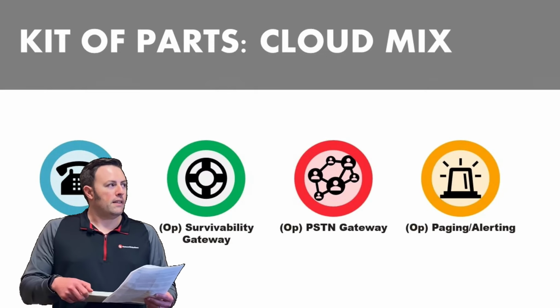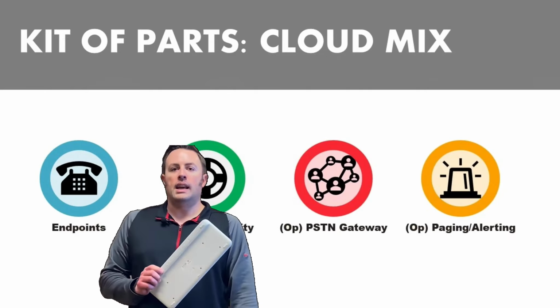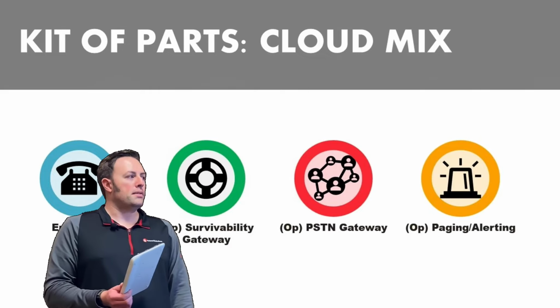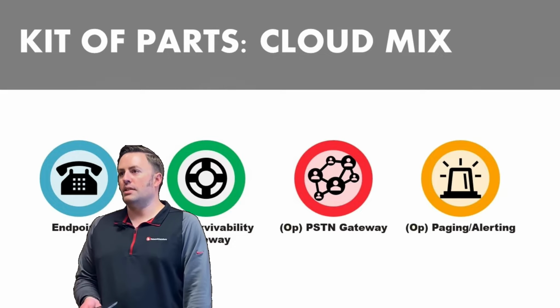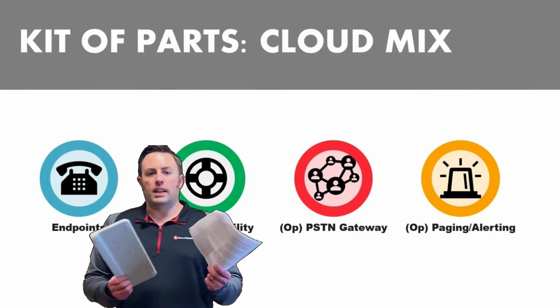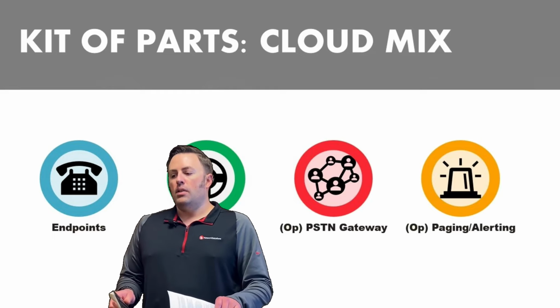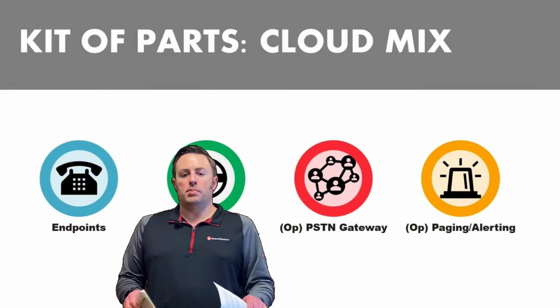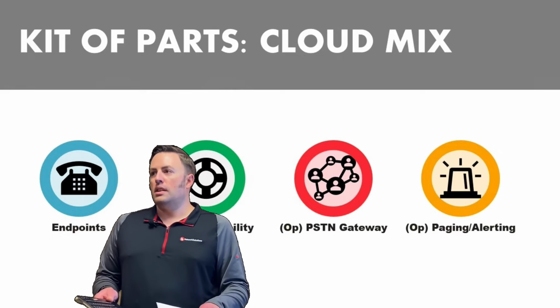So, moving on, what we see more often than not is a mix. And it's a mix of components on-premise or in the cloud where it makes sense. So, like when we sell an on-premise system today, we always position a cloud version of the instant messaging.